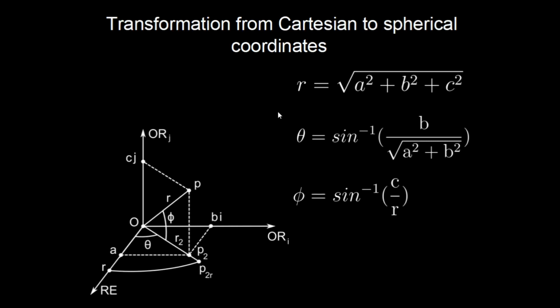Magnitude r is the distance between point P and the origin. R sub 2 sine theta is A. So we have this angle theta. This square root equals R sub 2.